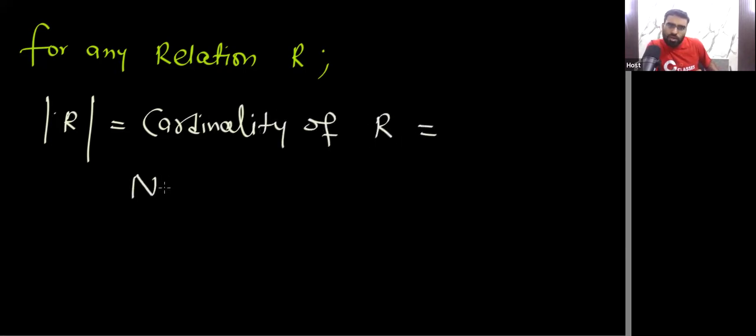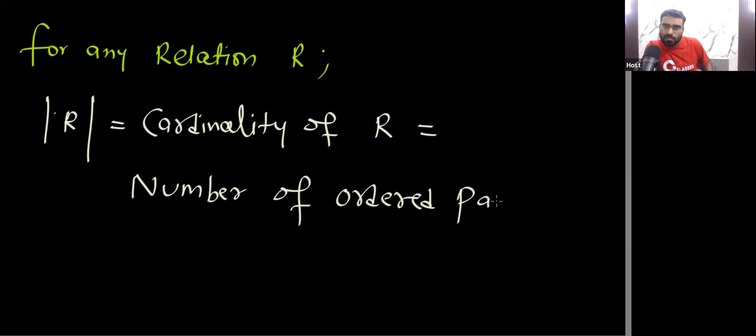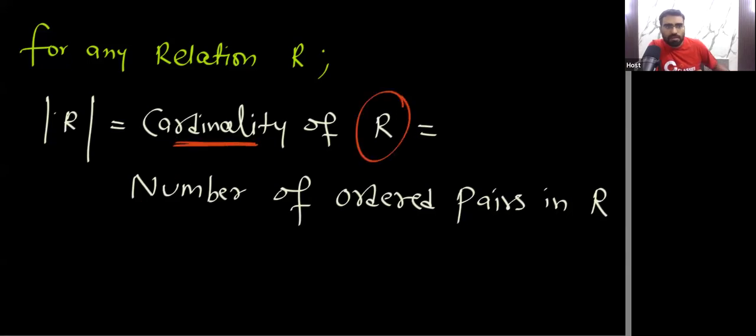That is the number of ordered pairs in R. Okay, is this clear? So the question can ask you how many ordered pairs are in R. So that is the answer. Cardinality of R. Cardinality means the number of elements in R.